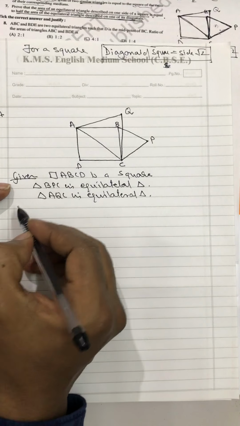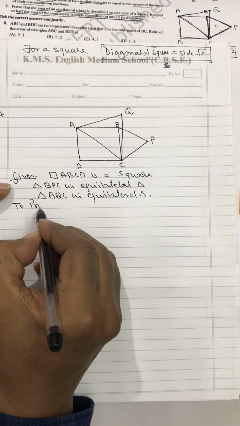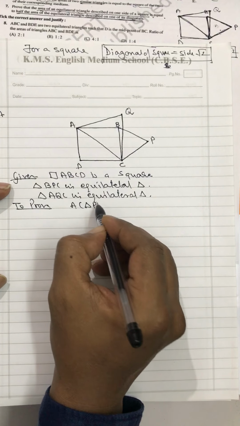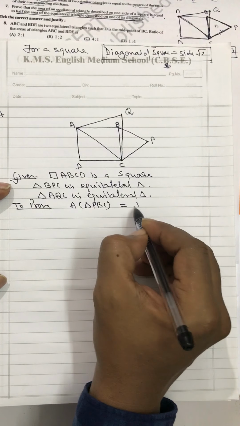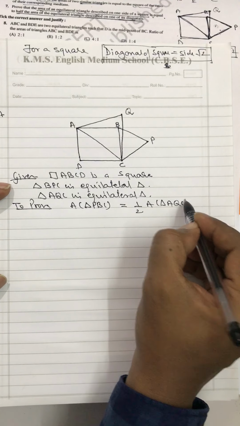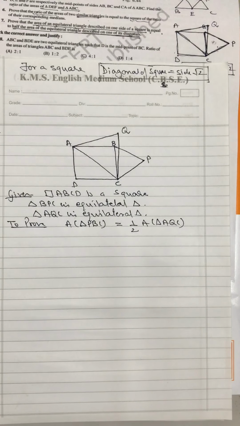That's all. And then to prove: area of triangle PBC is equal to half area of triangle AQC. Understand the question properly, my dear student.